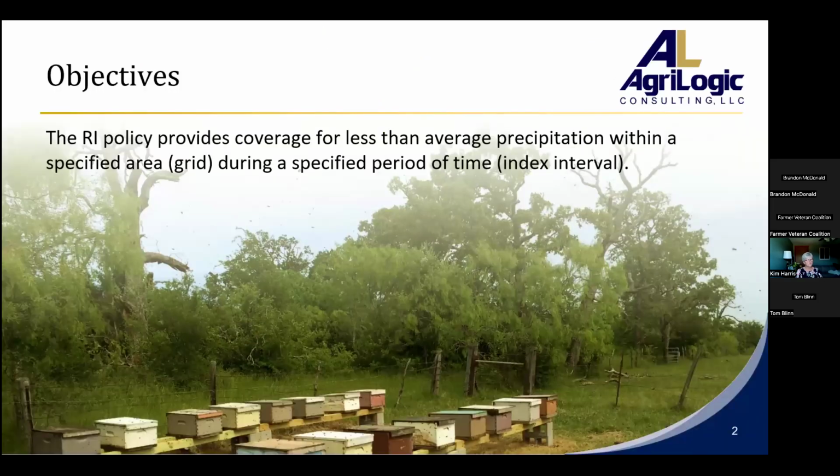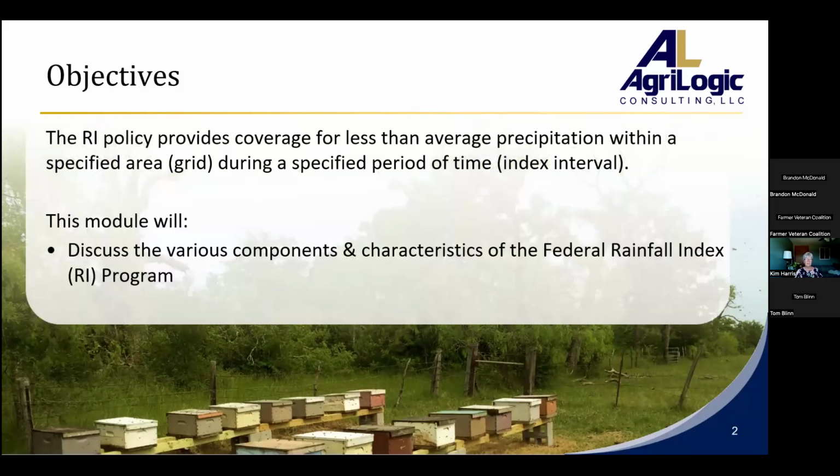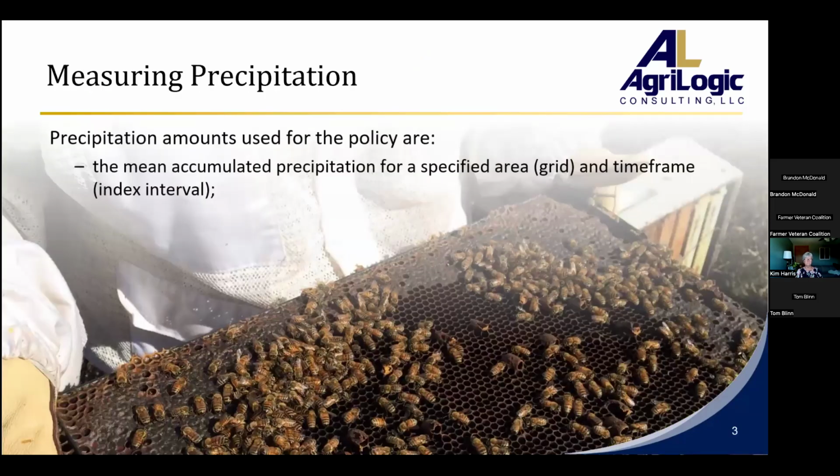Our objectives today are to talk about the Rainfall Index policy and all the different components and characteristics of that program, and then provide some examples on how the policy works. When we're talking about rainfall, we're talking about precipitation.